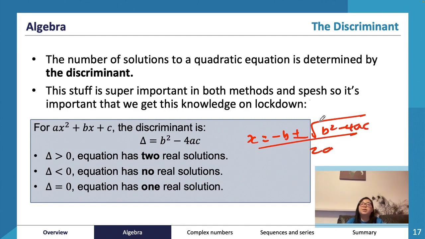You can see that b squared minus 4ac is the part under the square root, which gives you a sense of why it has to be bigger than 0 for two solutions: if it was smaller than 0, the square root wouldn't exist, and then your overall solution also doesn't exist. We can't have a negative surd, so that does not exist.